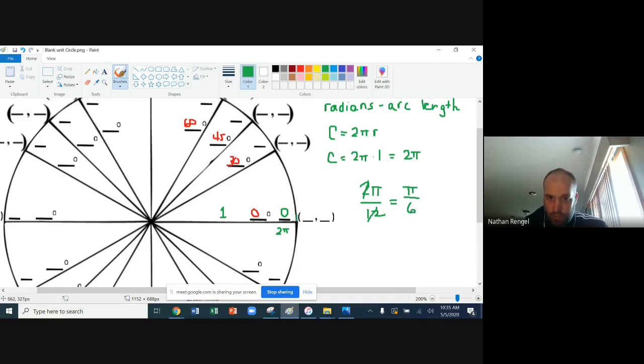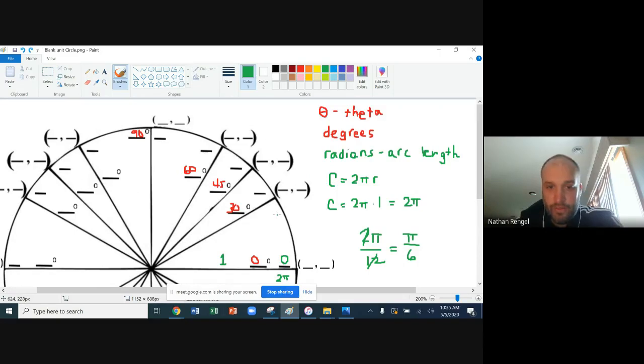So this arc length from here to here represents pi over 6. So the full circle is 2 pi. There's 12 30-degree sections in the circle. So this arc right here is represented by pi over 6.